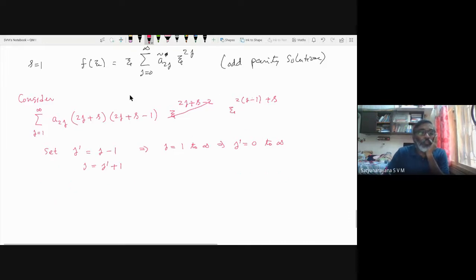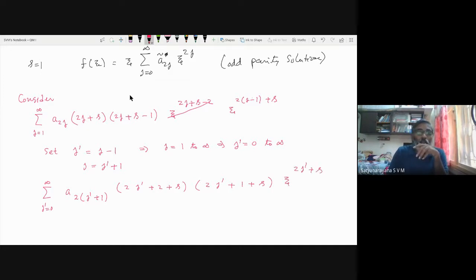You follow? So now I can write this as the sum over j prime equal to 0 to infinity of a 2 times j prime plus 1, into 2j prime plus 2 plus s, into 2j prime plus 1 plus s, into xi to the power 2j prime plus s.